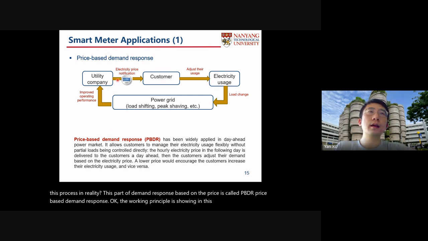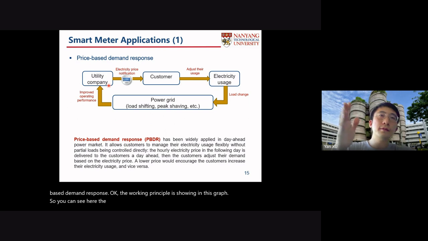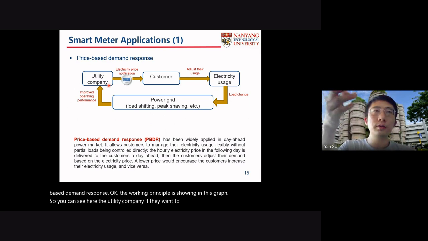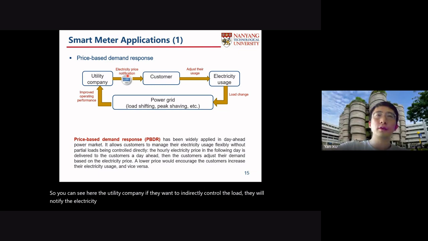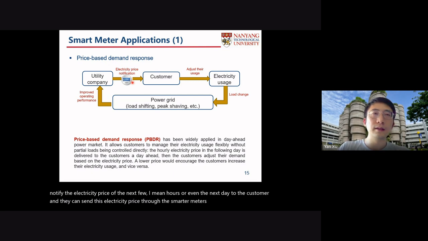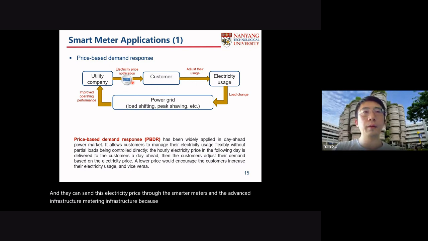The utility company, if they want to indirectly control the load, will notify the customer of the electricity price of the next few hours or even the next day. They can send this price through the smart meters and the advanced metering infrastructure, because they can directly communicate with the customer.